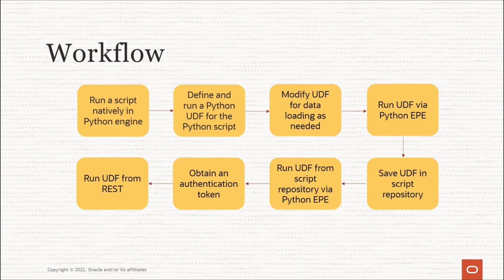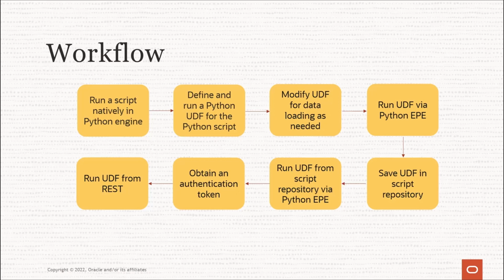And then at this point, you'll save the script to the script repository and run the function that is saved in the script repository from the Python interface for embedded Python as a named script. And once you know that's working, you can get a token and run the function from the REST API.